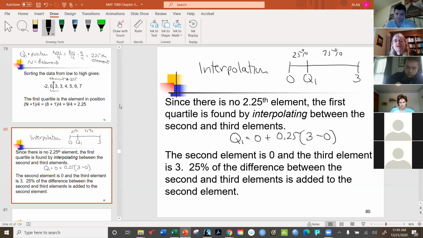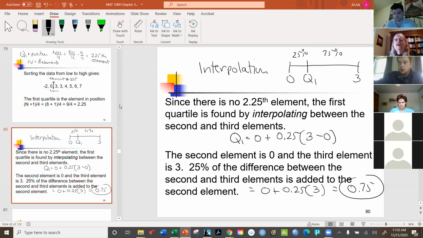Okay, it's got to be at least 0. Then we have to add some more to account for the fact that it's 25% of the distance between 0 and 3. It's 0.75.